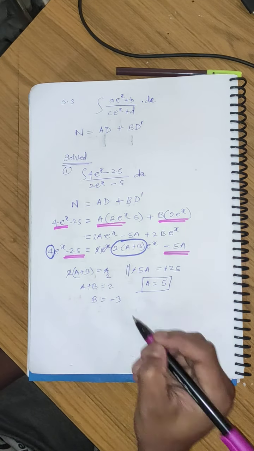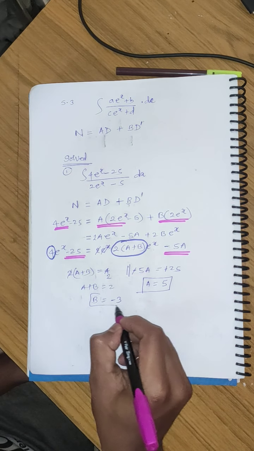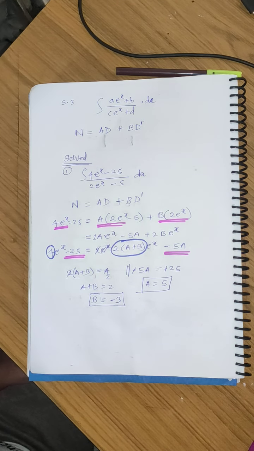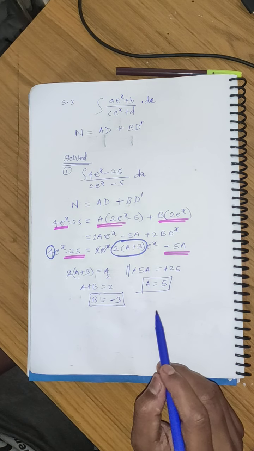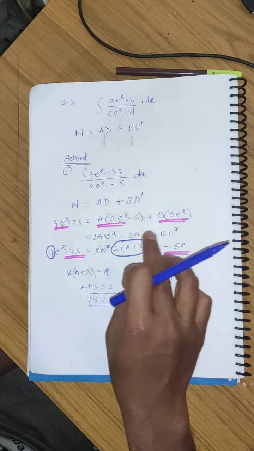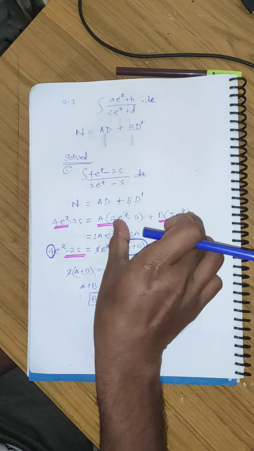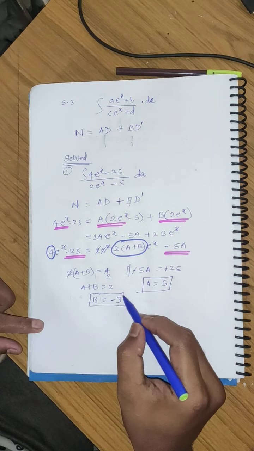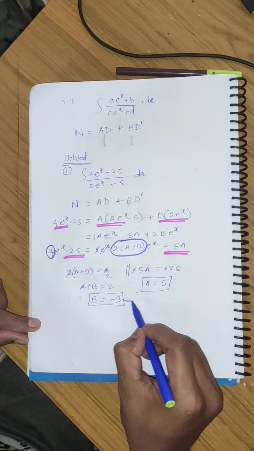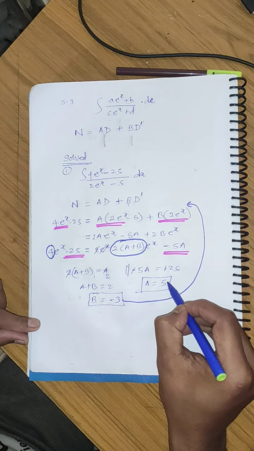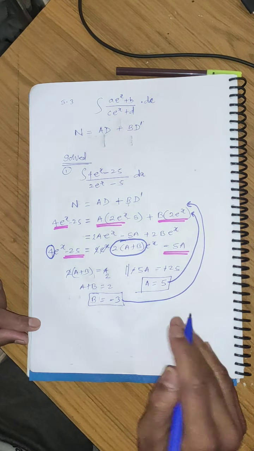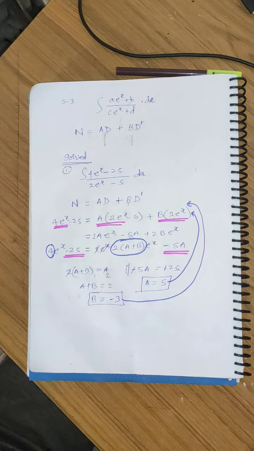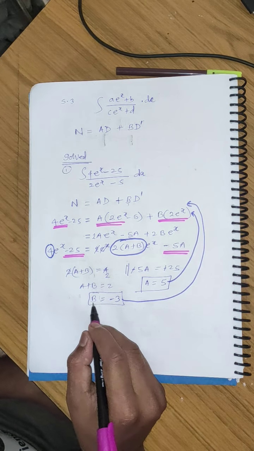Now both of these you have to put into this equation which is given over here, and replace the same thing over here. So a is put here and b here. Let's see what happens.